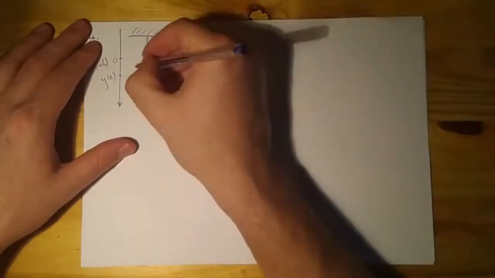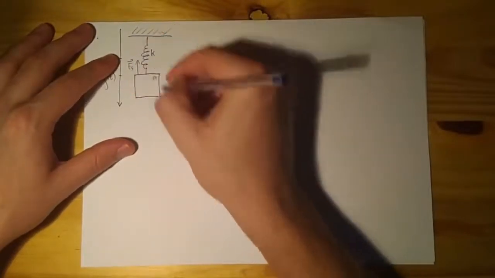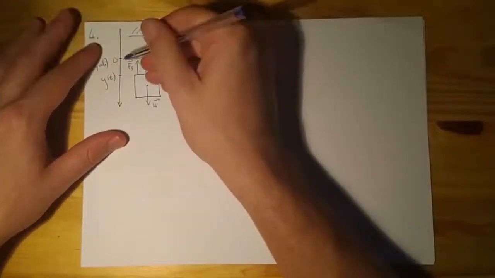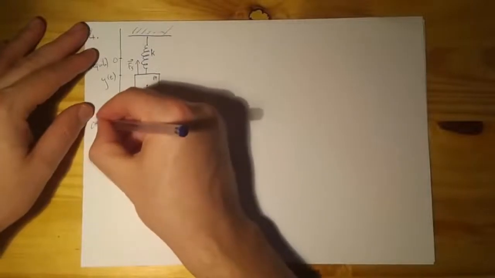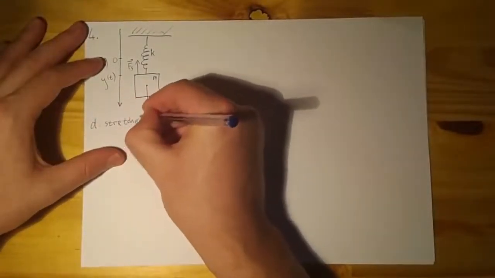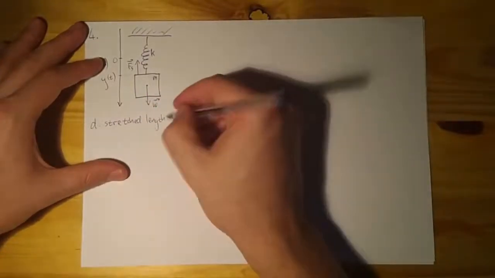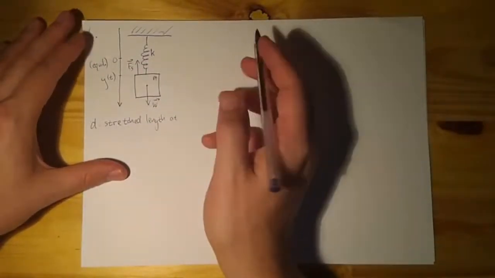Now, speaking of which, we've got the upward spring force and the weight downwards. Good. Now this amount by which it is already stretched at equilibrium, let's call that d. So stretched length at, well, you could say equilibrium or at y equal to 0.